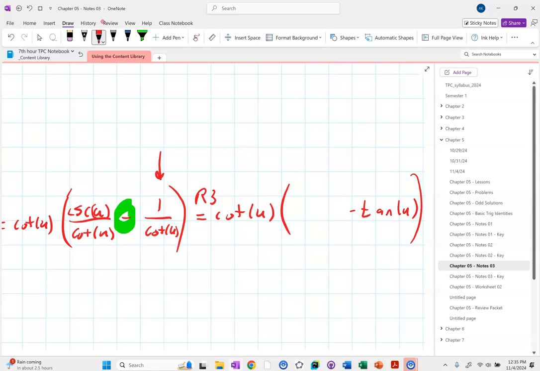Or cotangent to something with a secant in it? Yeah, you can change both. Look at Q2.